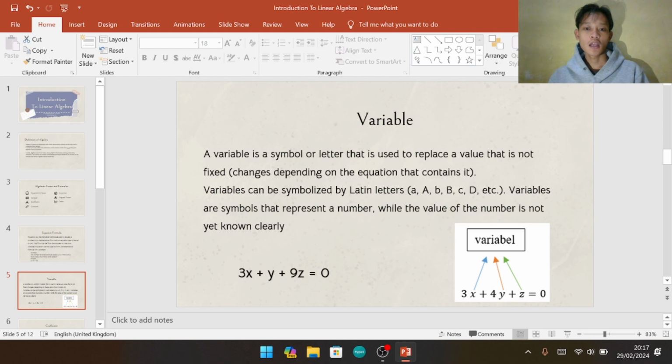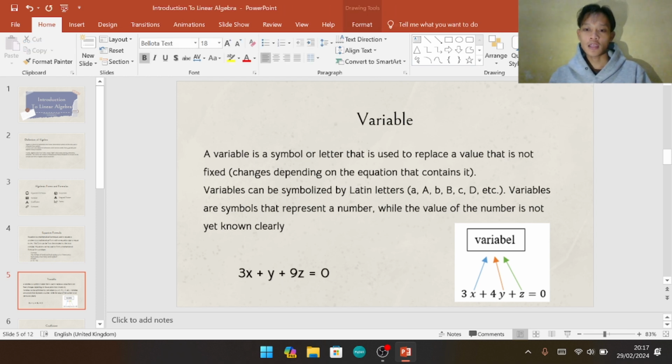Variables can be symbolized by Latin letters A, B, C, D, etc. Variables are symbols that represent a number, while the value of the number is not yet known clearly.